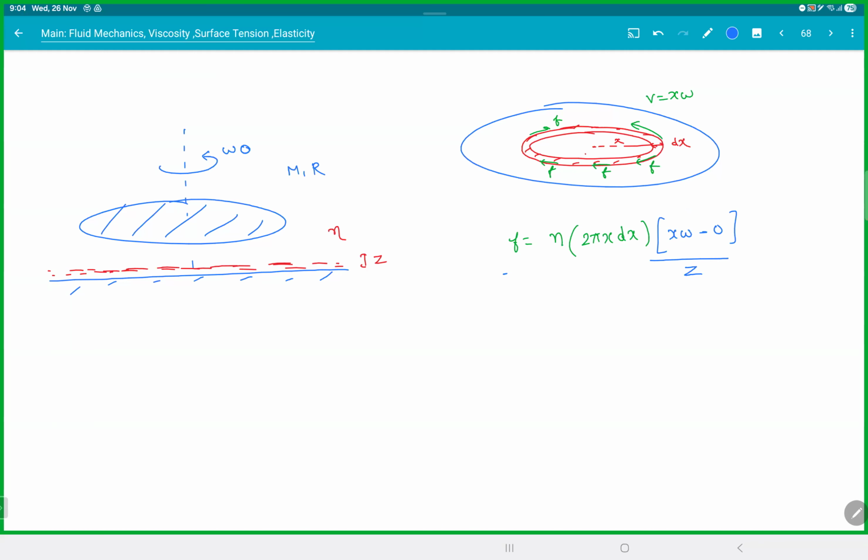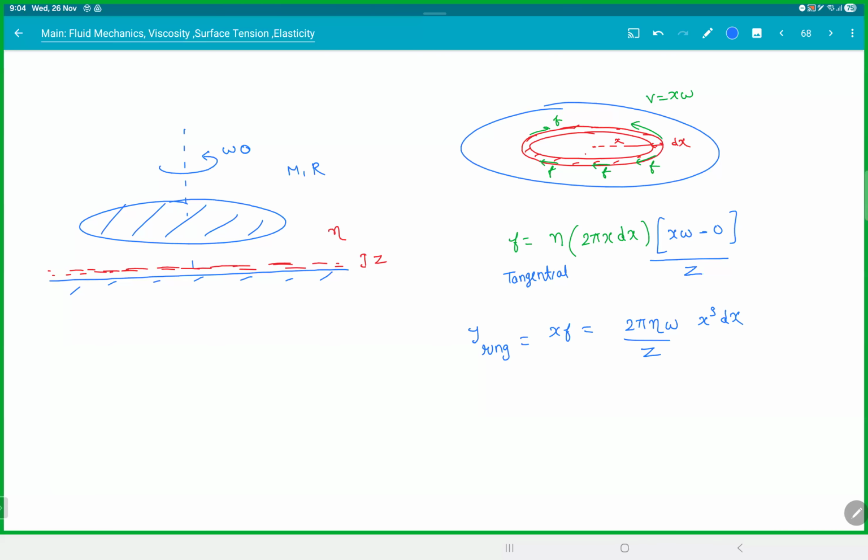This will be tangential. The torque on the thin ring will be the radius into friction. That will be 2 pi eta omega x cube dx by z. So this is the torque acting on each ring.